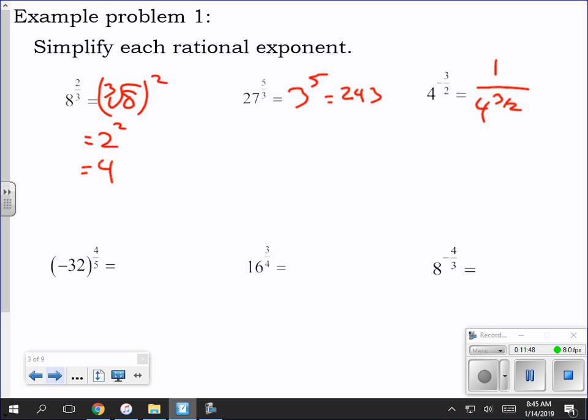That's what the negative means. It's 1 over that. The 2 in the denominator means that I take the square root. The square root of 4 is 2, so this is 1 over 2 cubed, and 1 over 2 cubed is 1/8.